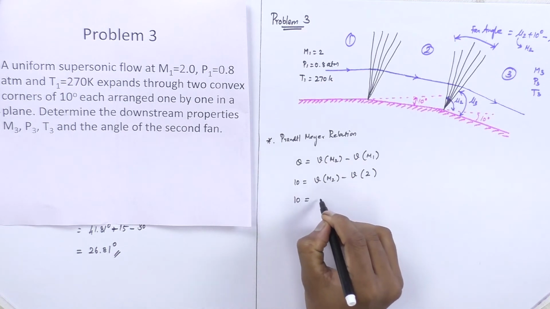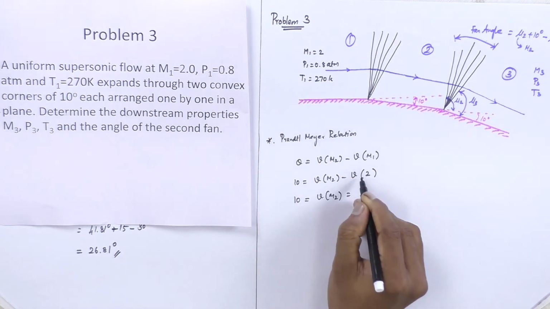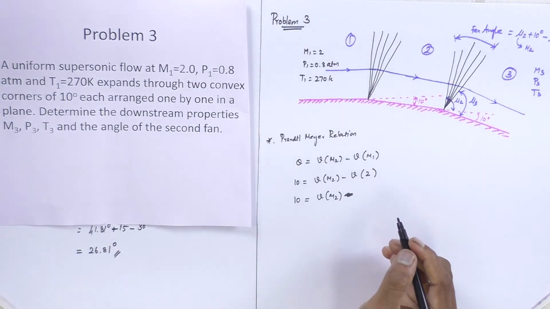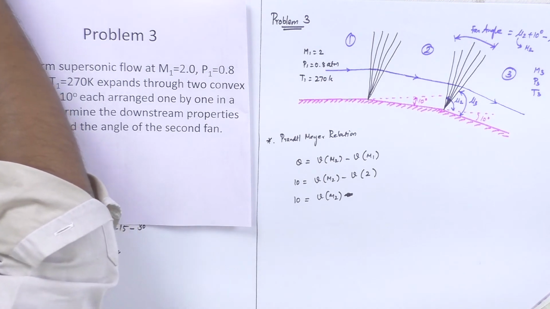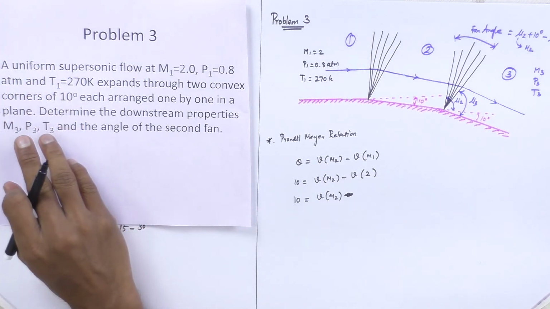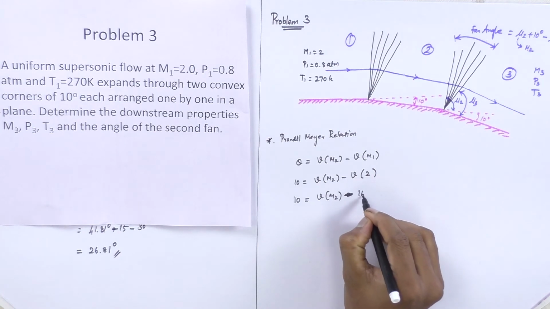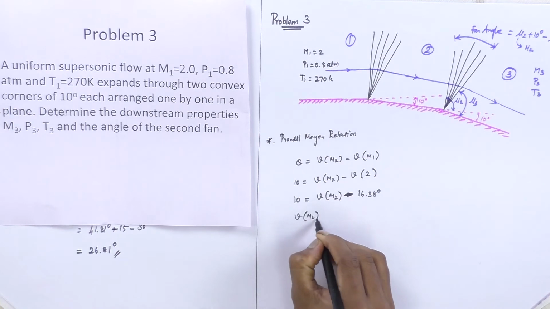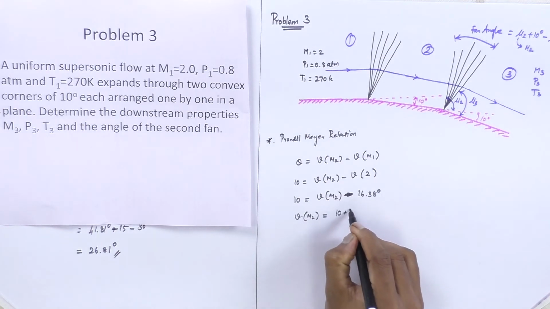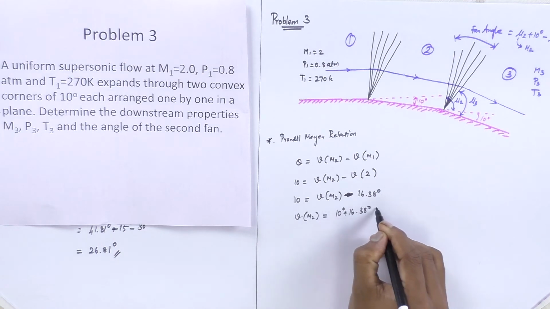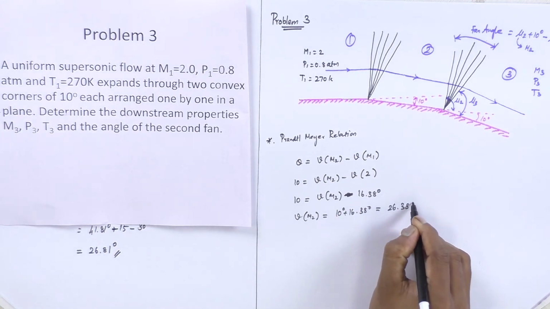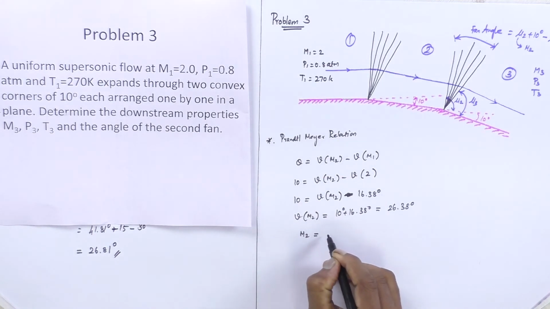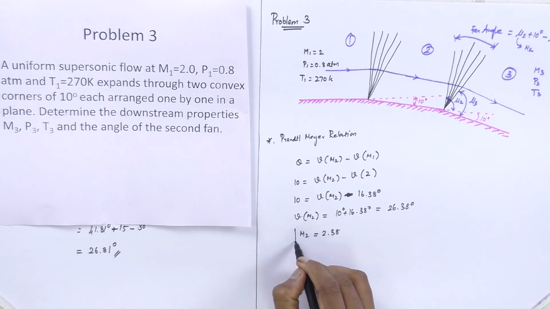From gas tables, this Prandtl-Meyer angle of 2 is 16.38 degrees. So the Prandtl-Meyer function of M2 will be equal to 10 plus 16.38 degrees, which is 26.38 degrees. Again from the gas table, the corresponding M2 value is equal to 2.38.